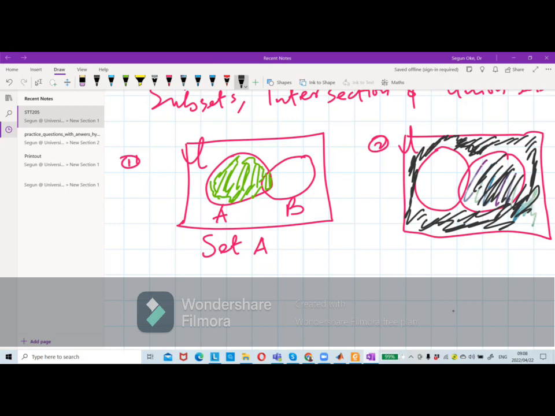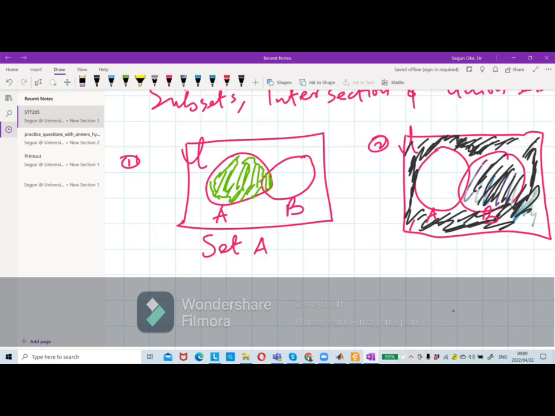Don't forget, we have our A and our B. So the shaded part shows that we call it A prime. All the shaded region here, we call it A prime.